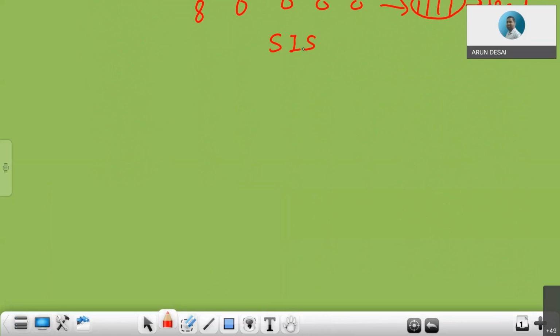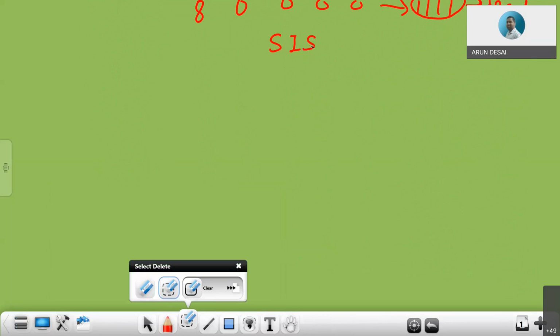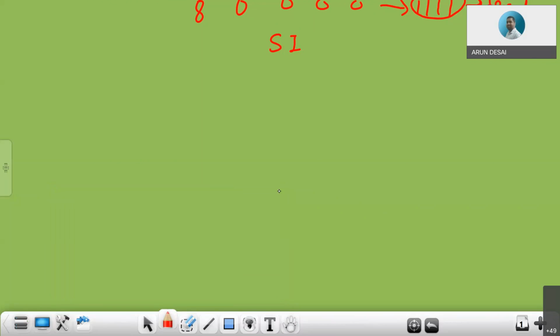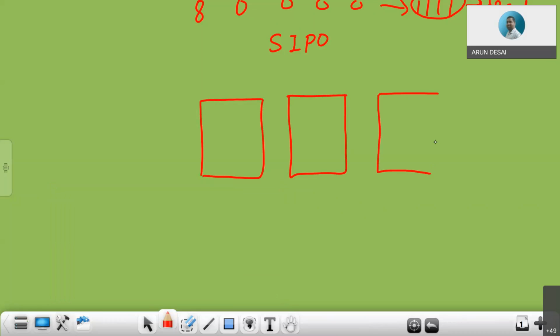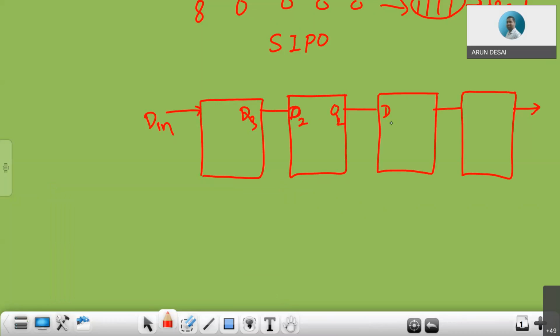Now, serial in, parallel out. In this type of arrangement, again, flip-flops, the data entered in this case is in serial arrangement, right? So this is my D3, this is my Q3, this is my D2, Q2, D1, Q1, D0, Q0, right?